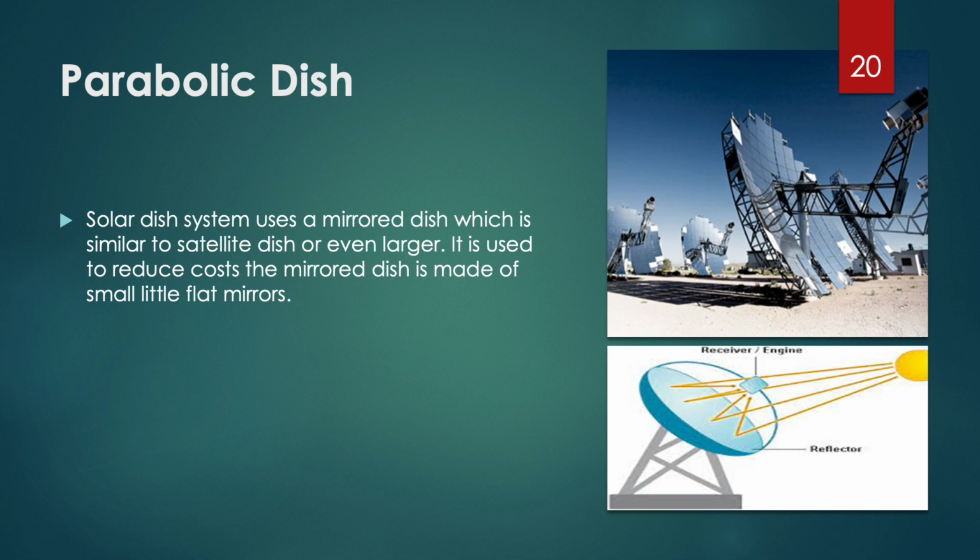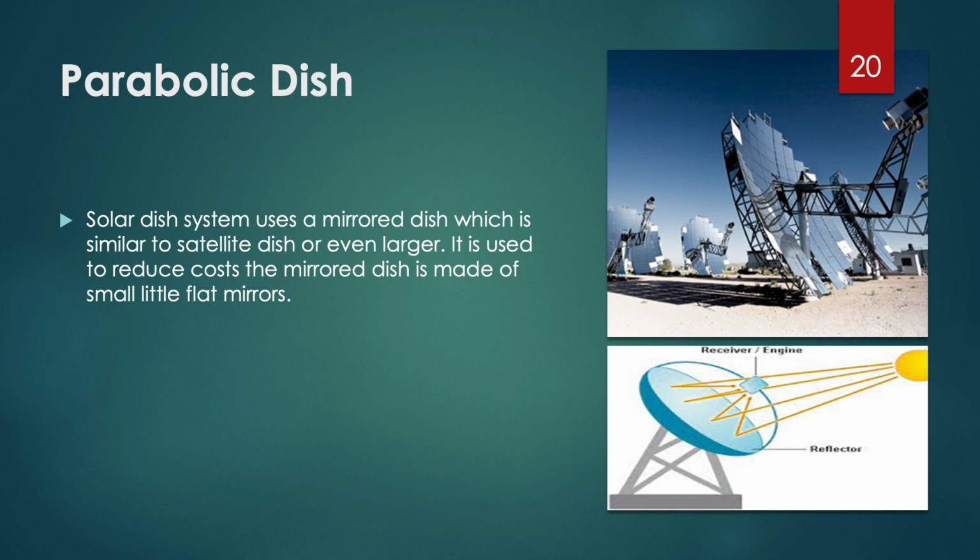Parabolic dish. A parabolic dish uses a mirror dish which is similar to a satellite dish or even larger. It's used to reduce costs. The mirror dish is made of small flat mirrors.